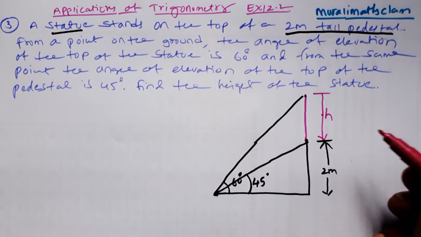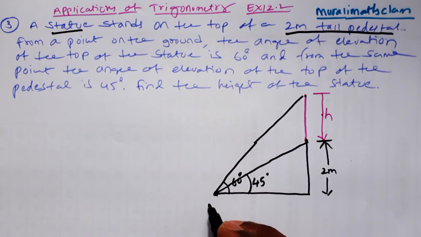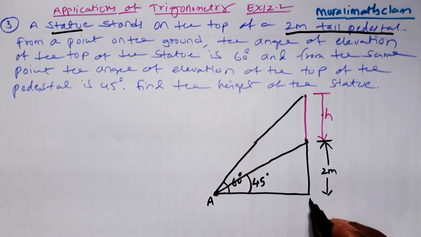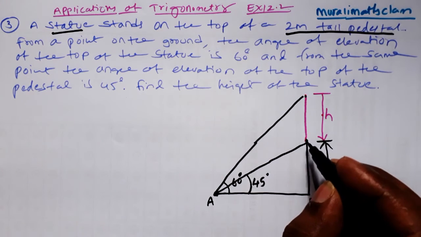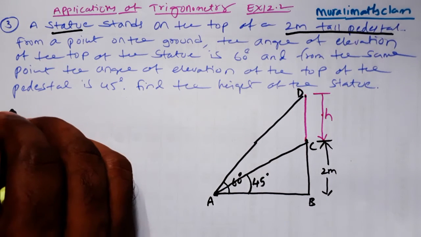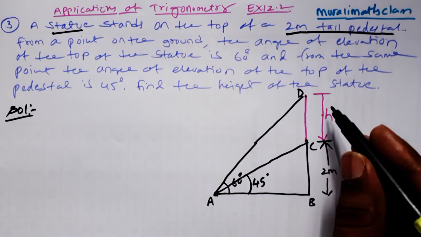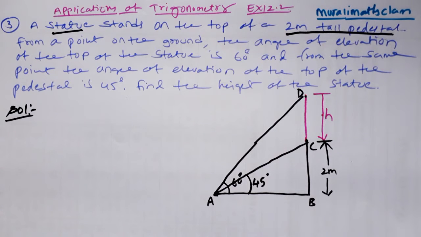Now let us give names to the points: A, B, C, D. Now you see how to find the height of the statue, this one, h. So first you take this small triangle.